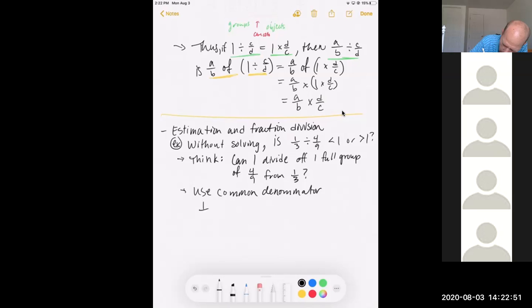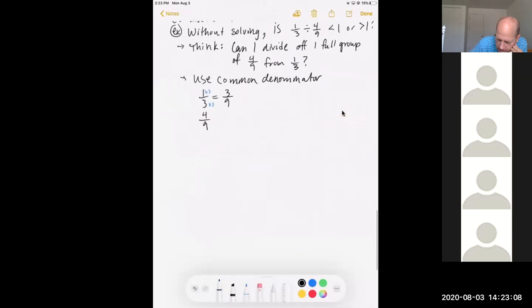We're going to take 1/3 and 4/9. Well, 9 is already good because I can just take my 1/3, multiply it by 3 and 3 there to get 3/9. Okay. So with the common denominator, it's helpful.